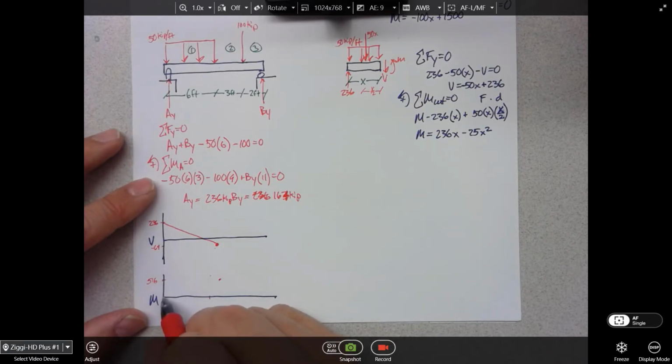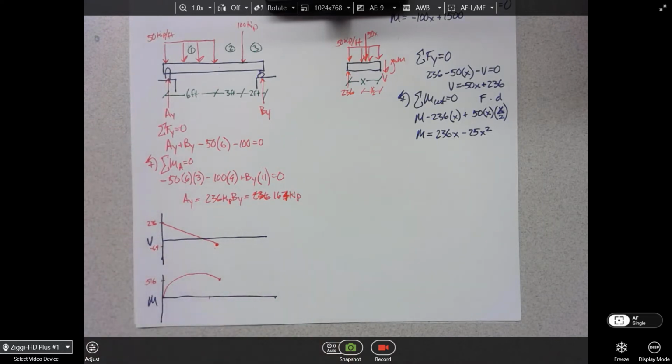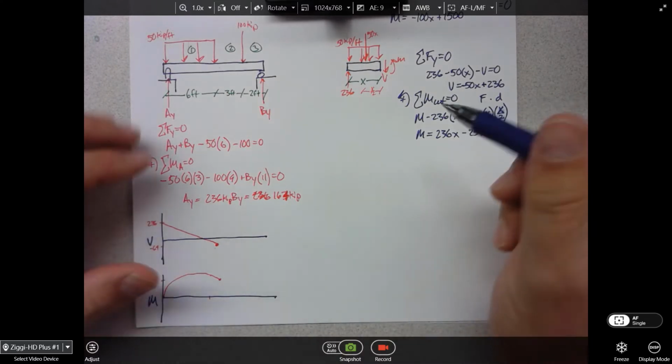So this thing does something, I don't know what it even looks like, maybe that? I don't know. Okay. Let's do the next region.